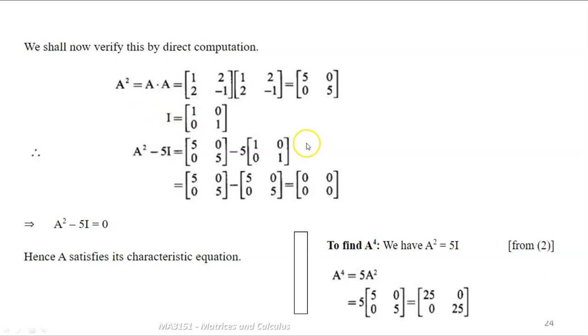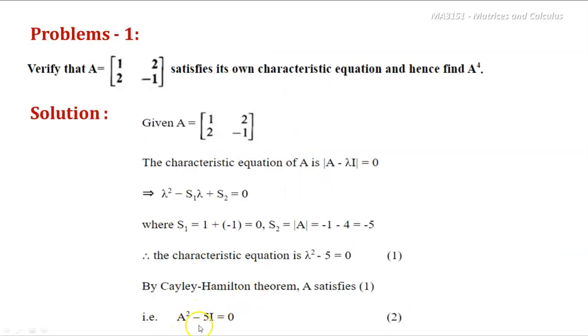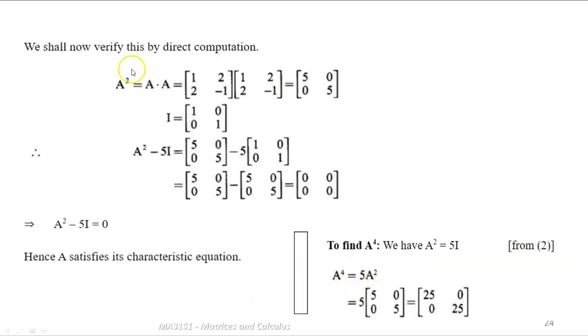How do we verify? In the LHS, we have A square minus 5I. We need to find A square. A square is nothing but A into A, the product of two matrices. A is the given 2 by 2 matrix. You have to multiply these two matrices. We get 5, 0, 0, 5.